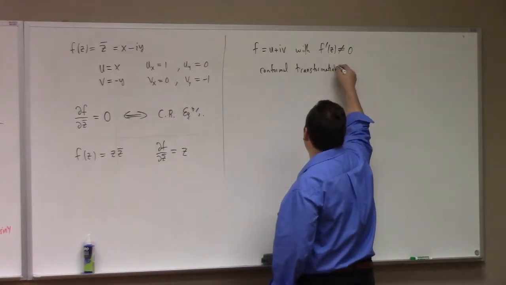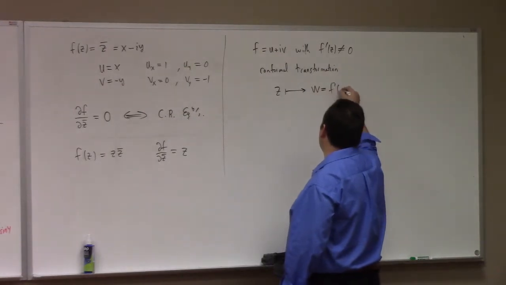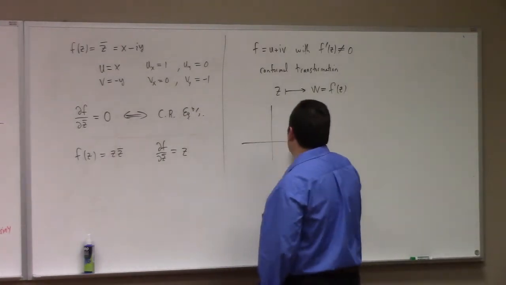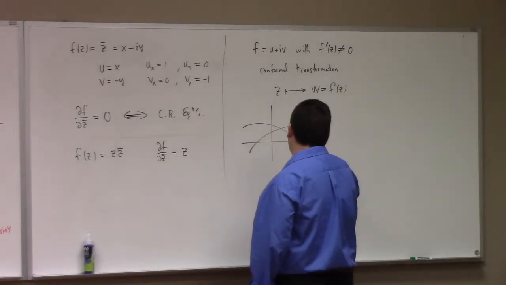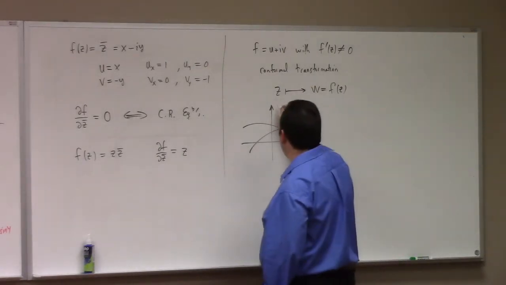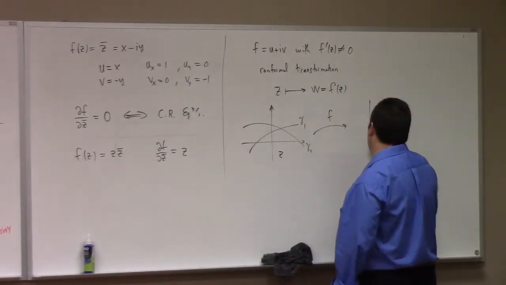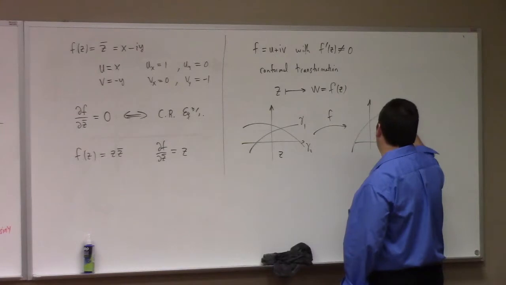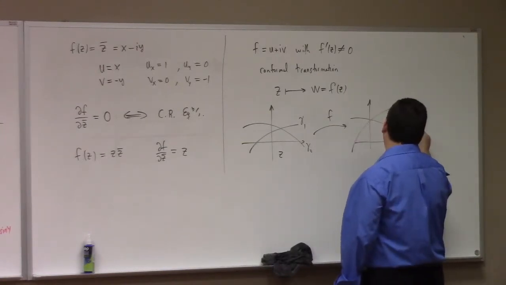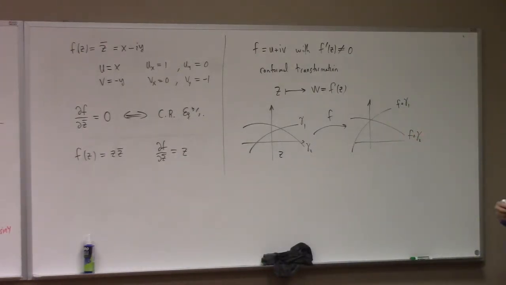Conformal transformation. In other words, if you map z to w equals f of z, and look at that transformation, if you've got a curve like this and a curve like that, so gamma 1 and gamma 2, over here in the z plane, and you feed those under f and look at their corresponding curves, say f composed with gamma 1 and over here f composed with gamma 2, then something beautiful happens.